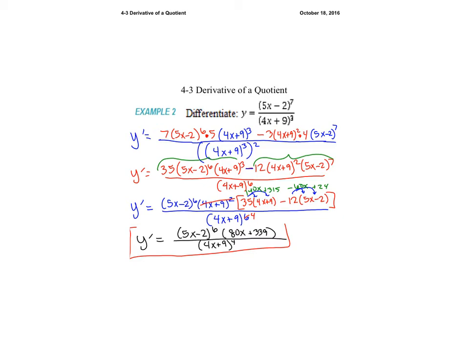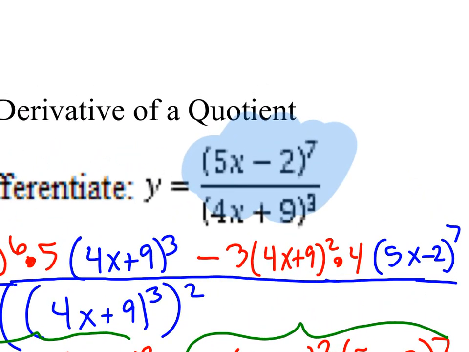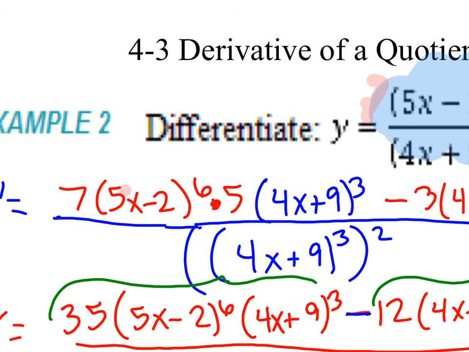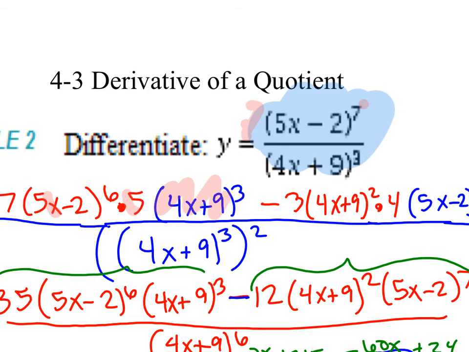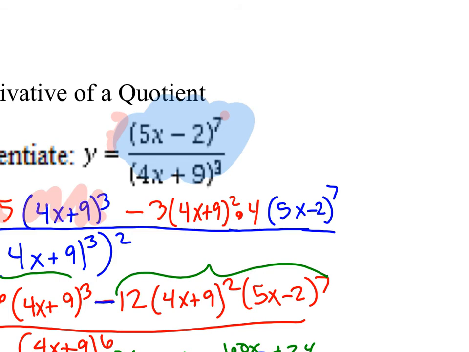Here's another example. So do the derivative of this. So first we're gonna start with the top. The derivative of the top is 7, move to the front. So 7 times (5x minus 2) to the 6, which is what happened right here, times the derivative inside, which will be 5, and then the bottom would be (4x plus 9) cubed, and then minus the derivative of the bottom, which is right here.